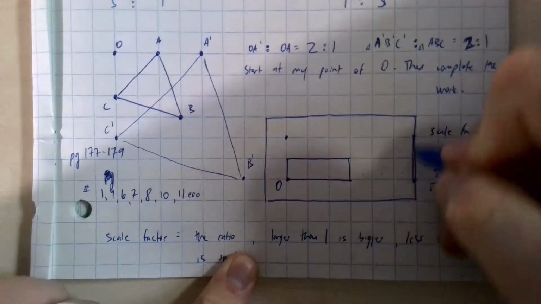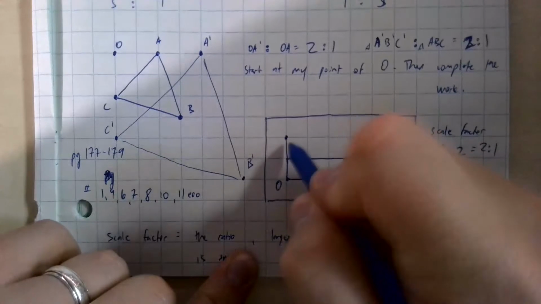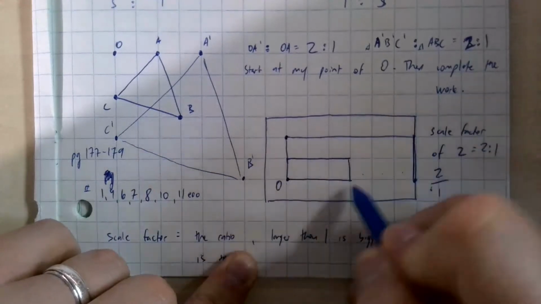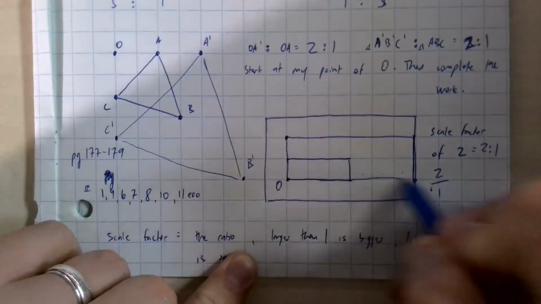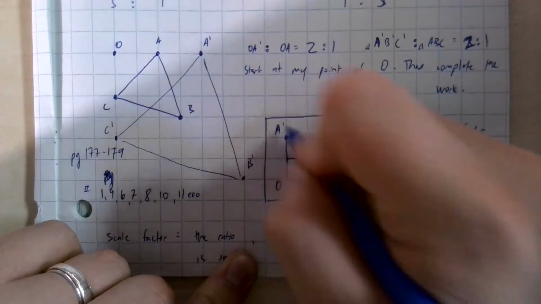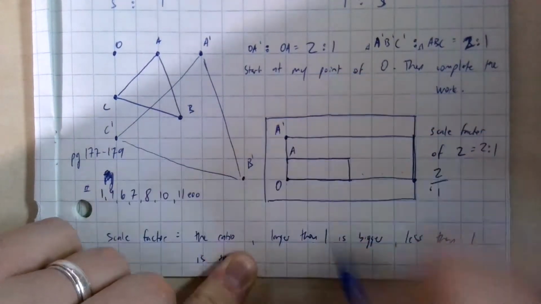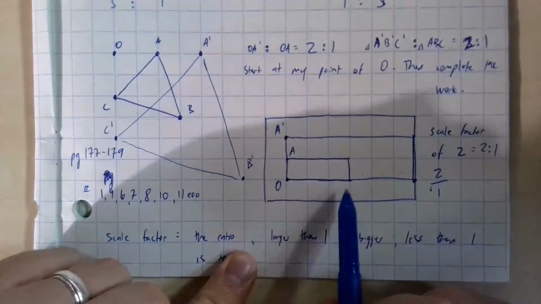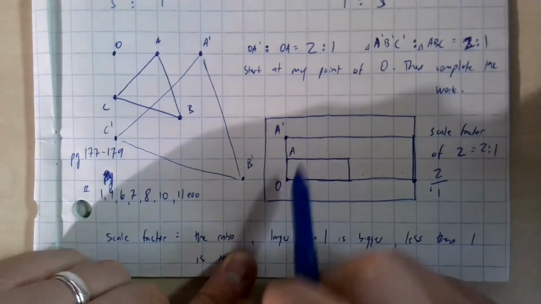And my new rectangle is going to look like this. So this second rectangle, I'll say this is A prime, and this is A. My new rectangle is twice as big as my old one.